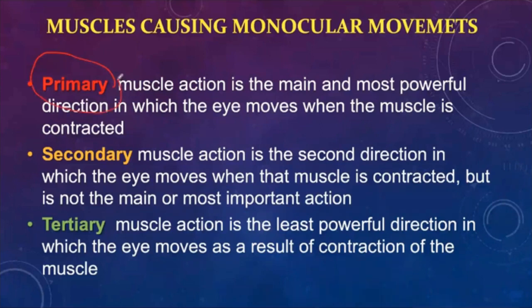So it is the most powerful action when the muscle is contracting. The secondary action is a second direction of movement when the muscle contracts. So it is not the main action and not the most important. The tertiary will be the least powerful or the least important muscle action, which occurs as a result of contraction of the muscle.